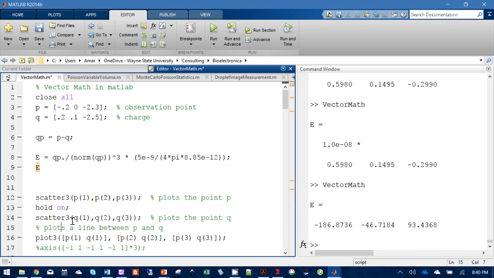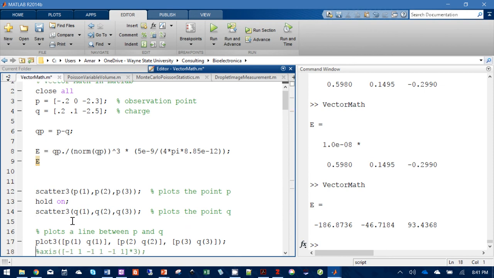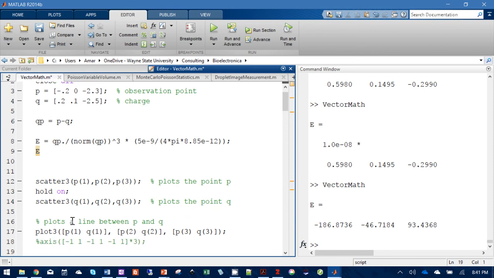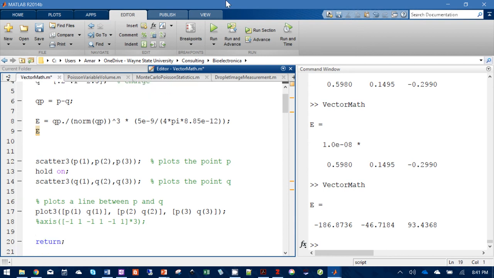So scatter3 is for plotting points. Plot3 is for plotting a line. With plot3, you have to give it a list of x coordinates, y coordinates, and z coordinates. So these are the two x coordinates, these are the two y coordinates, and these are the two z coordinates. Right, so if we run this, once you turn the hold on, it remains on until you turn it off.